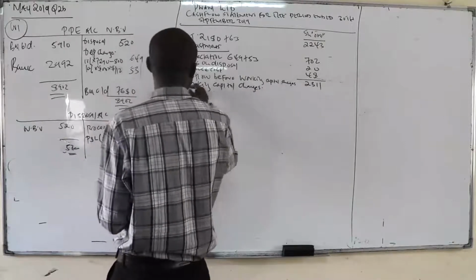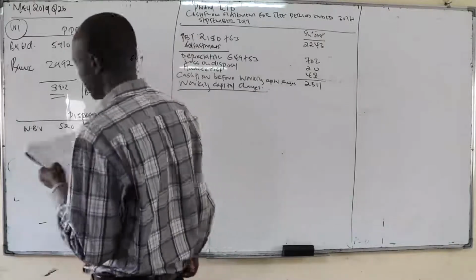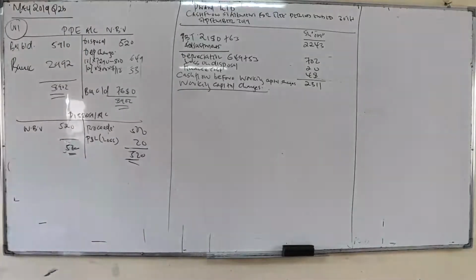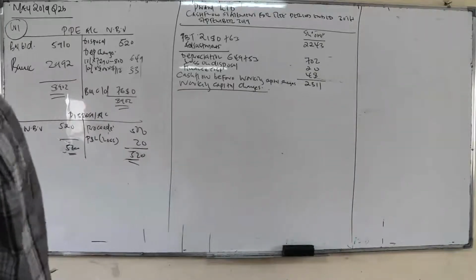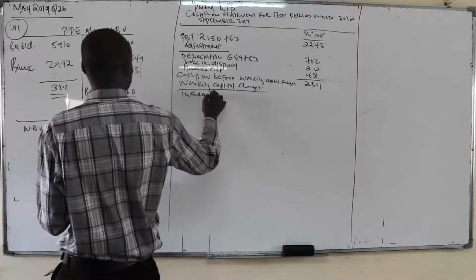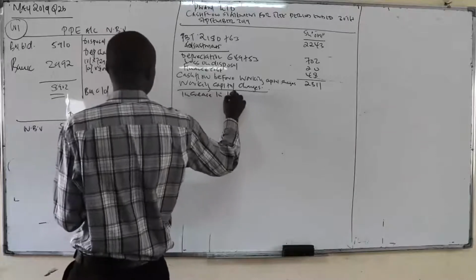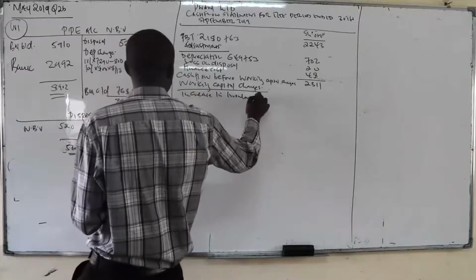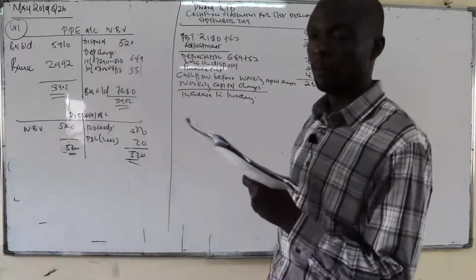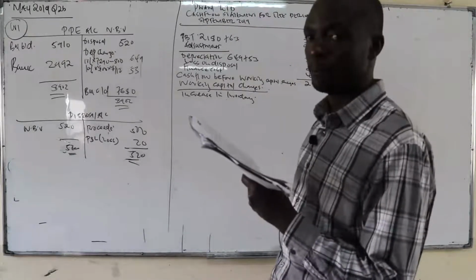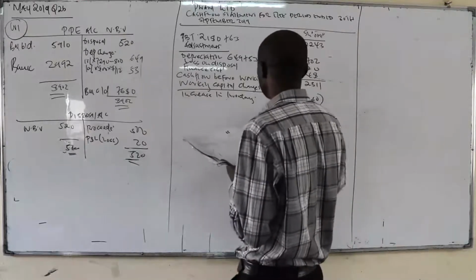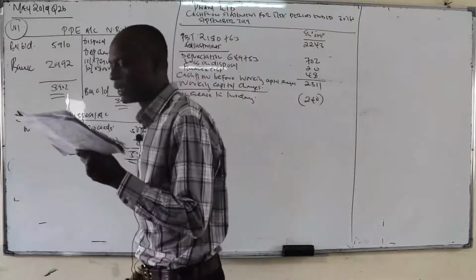We go to the current assets, inventories. There's an increase in inventory. How much is the difference? 40. Inflow or outflow? Outflow, isn't it?